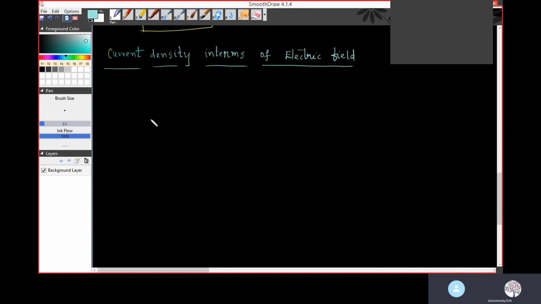Now current density J is equal to sigma E. This is another form of Ohm's law. Where sigma is conductivity, and rho is resistivity.